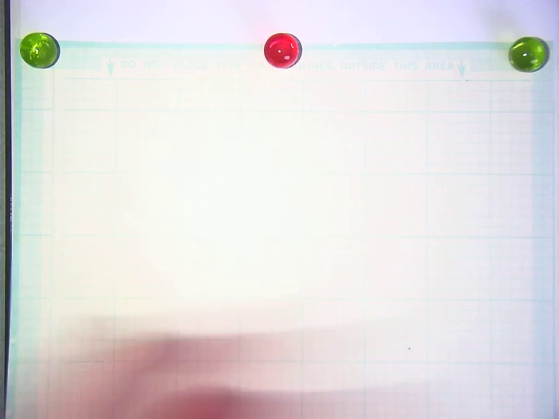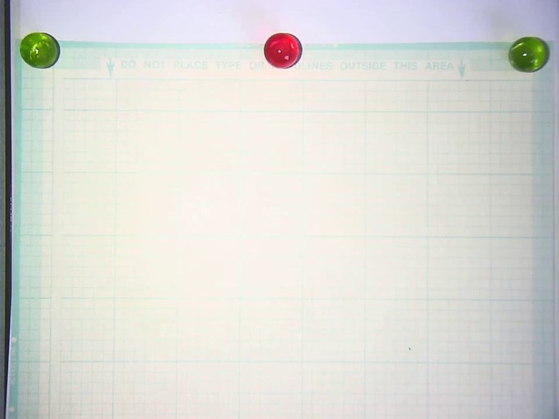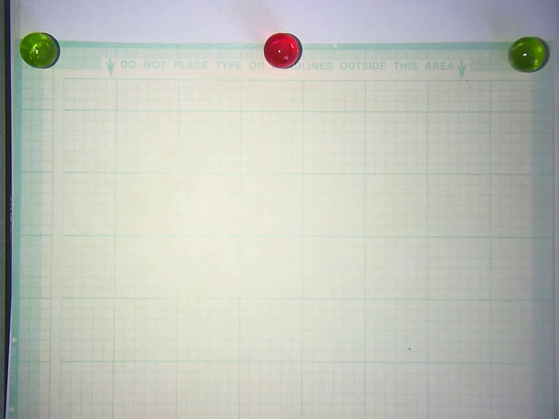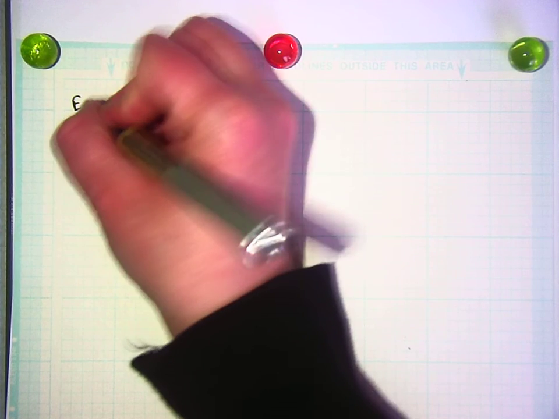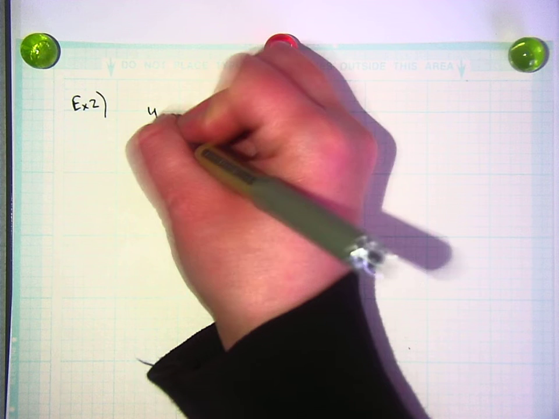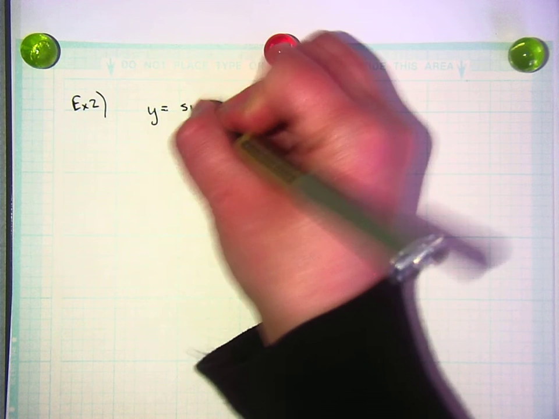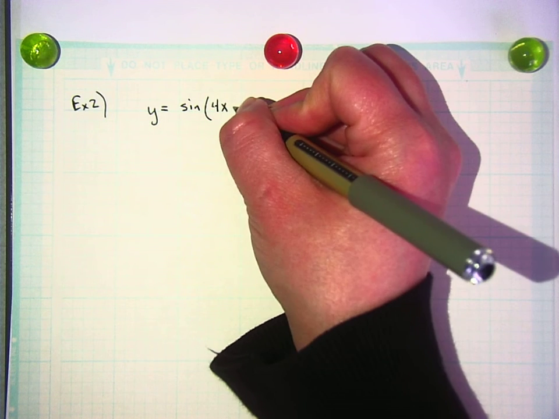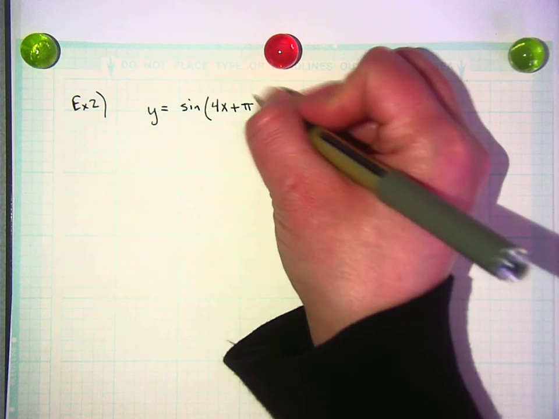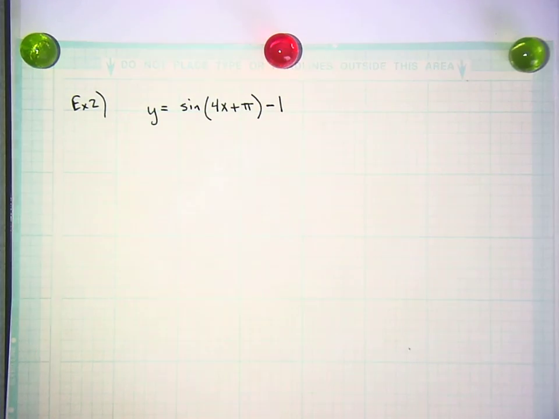Okay. Let's do, for example 2, we're going to try y equals the sine of 4x plus pi minus 1.